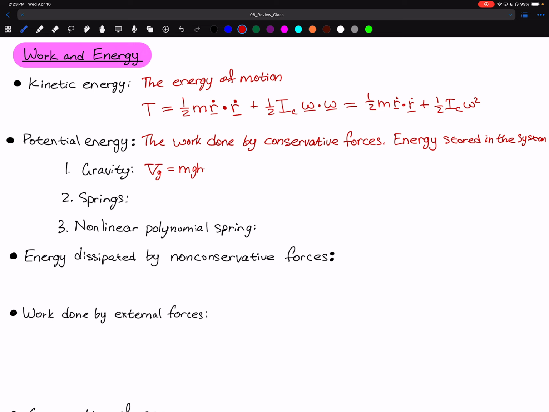In this case, we needed to choose a reference configuration, so a position for the system where the gravitational potential energy was 0, and then we considered how that potential energy changes from that position.